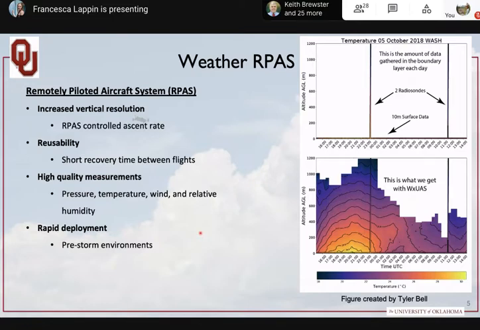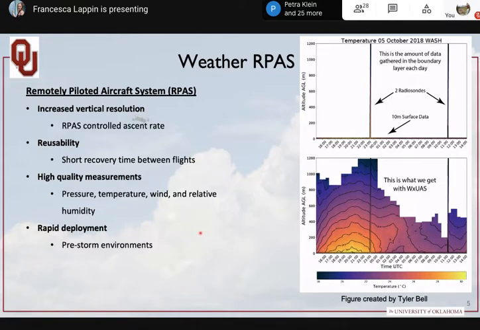We can redeploy them after short periods of time, up to 15 minutes, which is really useful for continually changing environments and environments that are both dynamic and also can be a little bit unpredictable. It also reduces their cost.